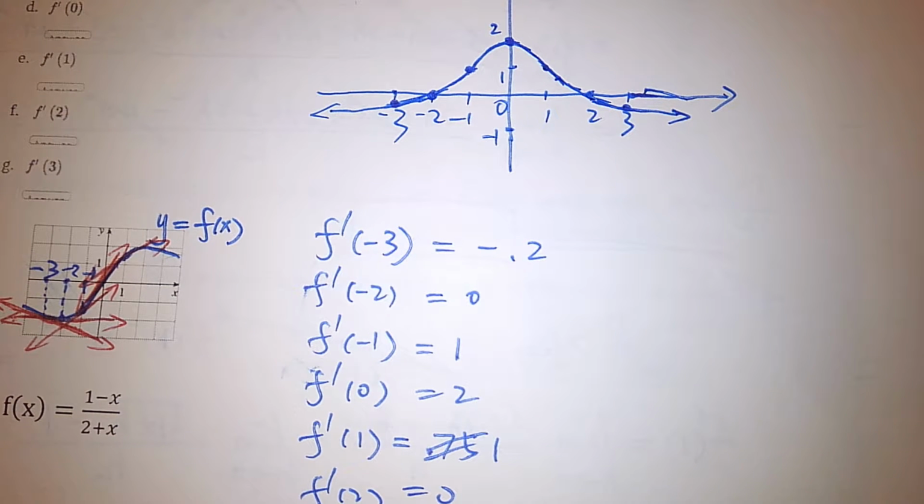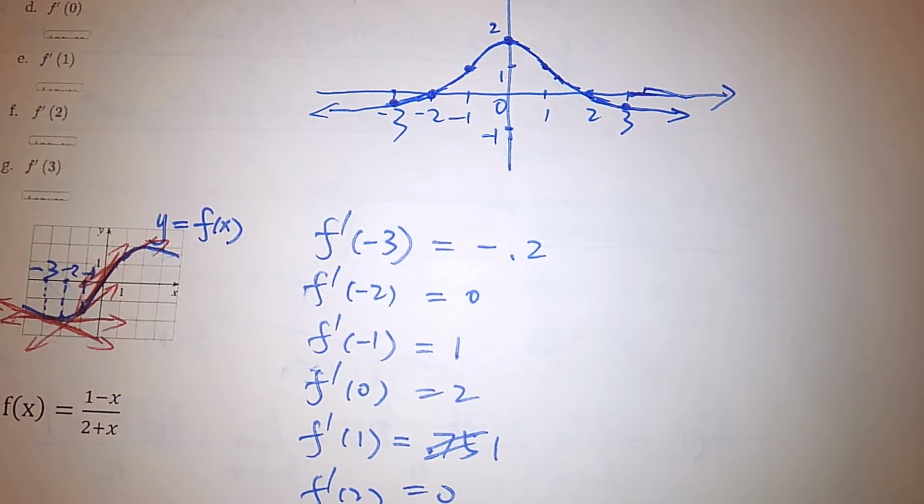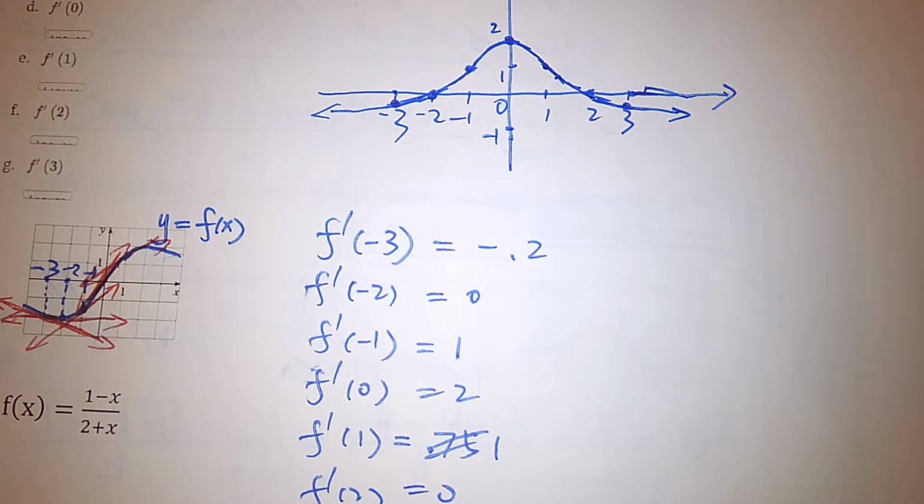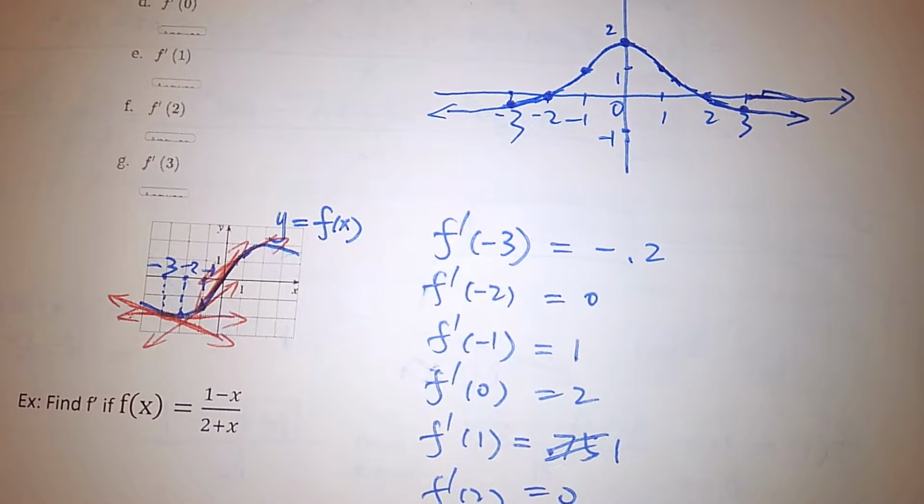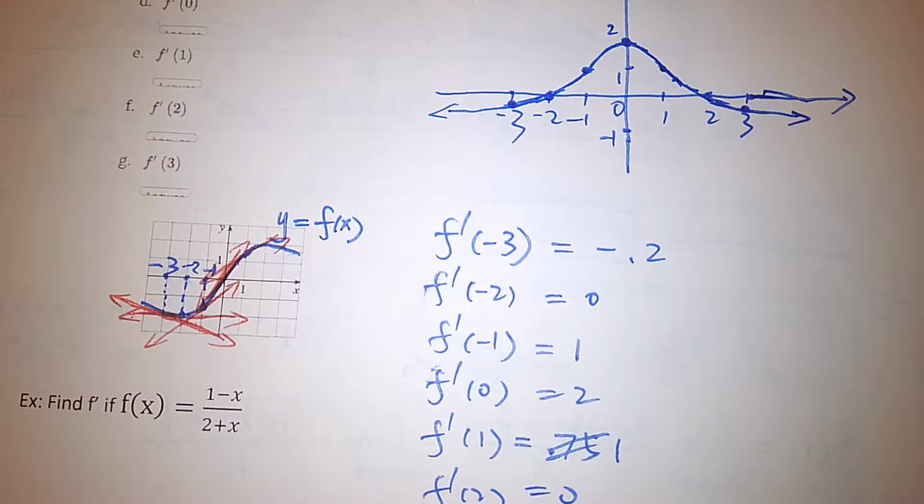The original picture and the derivative may look totally different. So you estimate the slopes, find those f prime values, and then draw the graph of f prime by yourself. In class we'll probably only have time to do one problem.